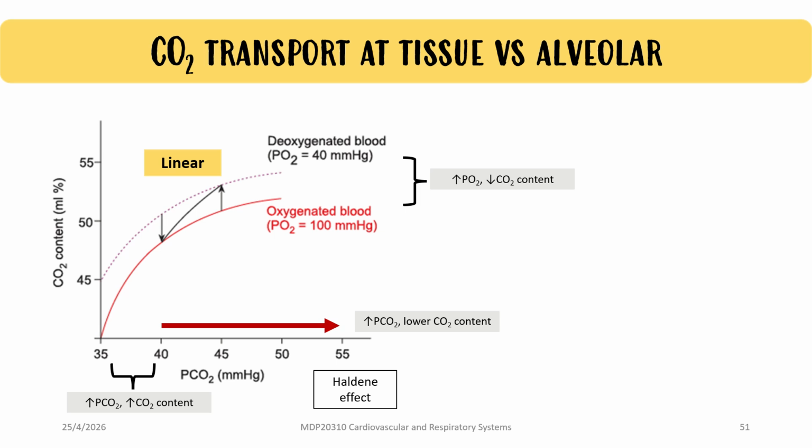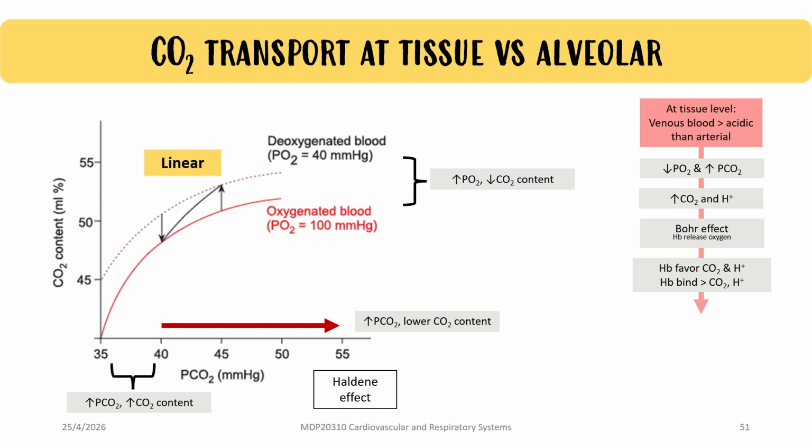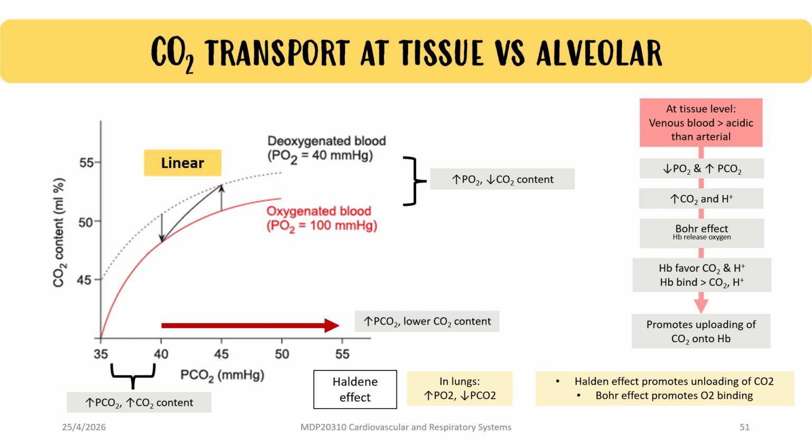In this slide, you can see that previously we talked about the Bohr effect, where it helps to unload the oxygen to the cells where it's needed at the tissue level. But in the lungs, the higher PO2 will cause the Haldane effect to occur, where it promotes the carbon dioxide release and oxygen loading to the RBCs.